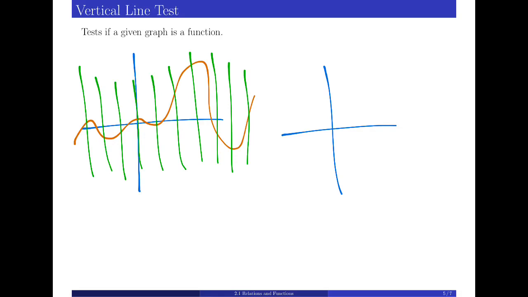We pass a vertical line across the graph, and at any point, at any time, we're only hitting one point on the graph. That means that for any input on the x-axis, we're only getting one output for y. So that tells us that this is a function. It passes the vertical line test.